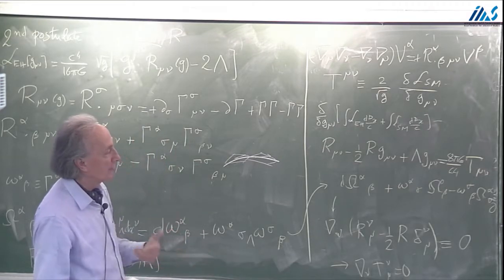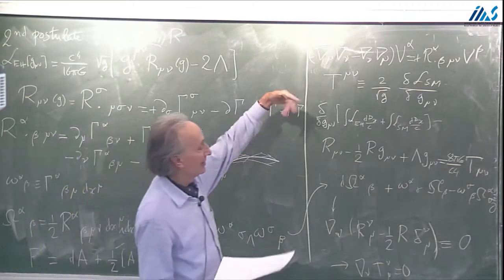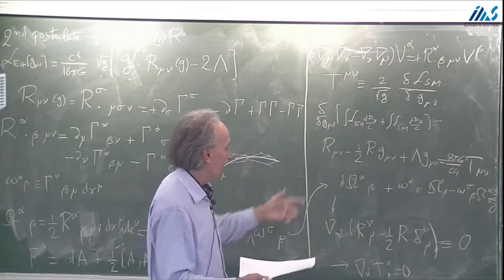And this is equivalent to the usual Bianchi identities in coordinate components.